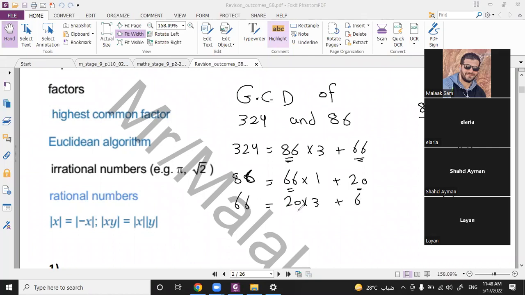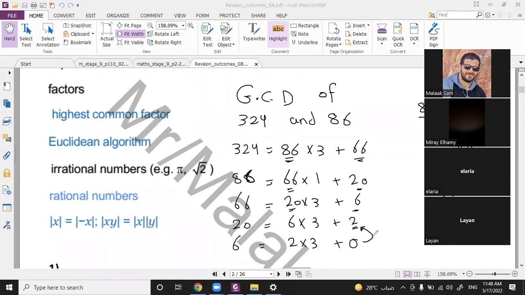After that, 20 and 6, we'll write 20 equals 6 times 3, it's 18, plus 2. 2 is the remainder. Then 6 equals 3 times 2 plus 0. There is no remainder. Take the number before 0. So the greatest common divisor is 2. The GCD is 2. Okay?